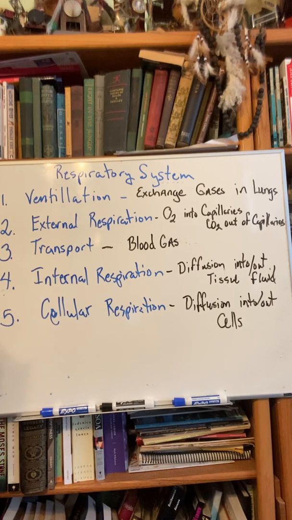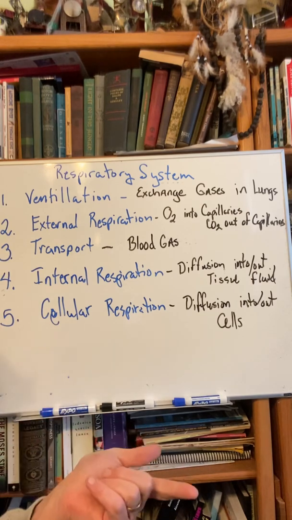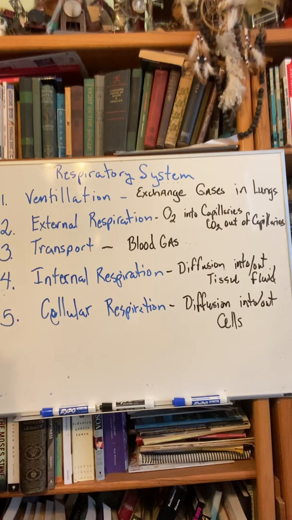Now, why do we do that? We do that because the movement of blood gases into and out of your lungs is driven by diffusion. And you might remember that diffusion is the movement from an area of high concentration to an area of low concentration. So you need to change the air out because you need oxygen.